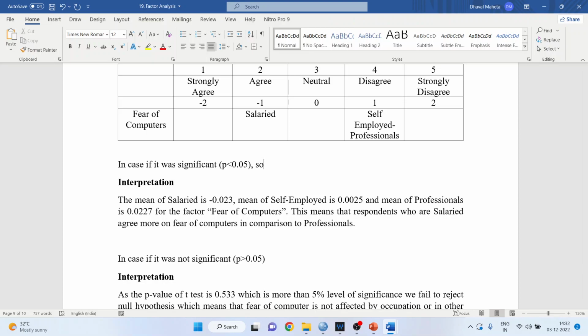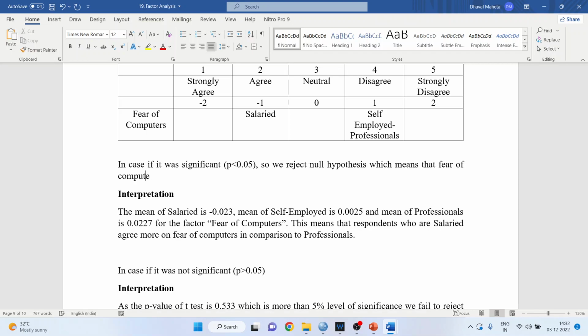In case the p-value was less than 0.05, we reject the null hypothesis, which means that fear of computer is different in at least one pair of occupation.